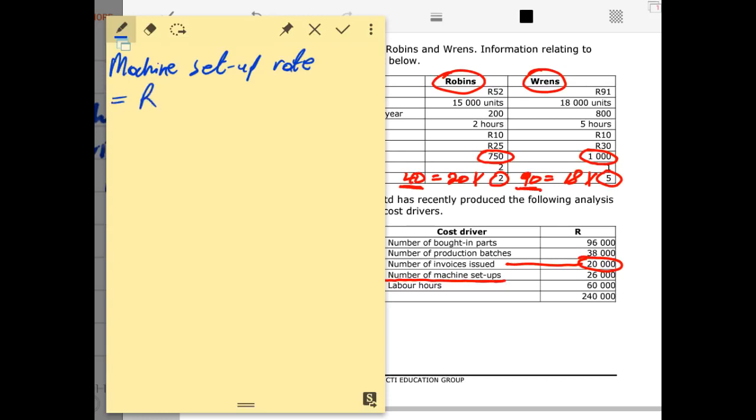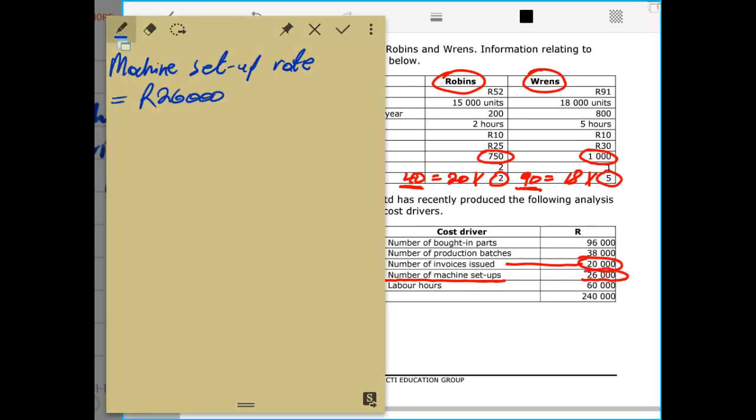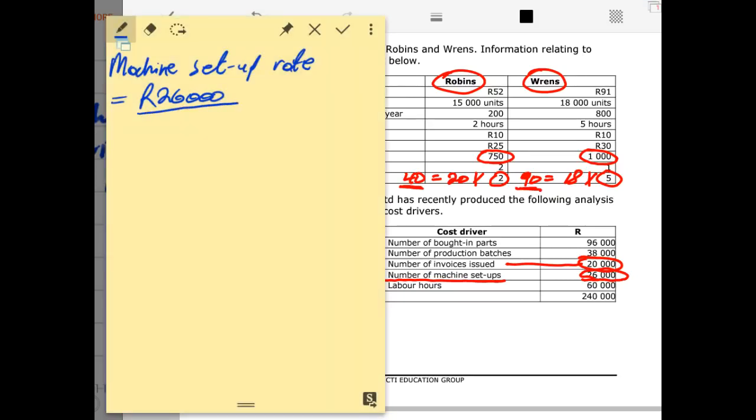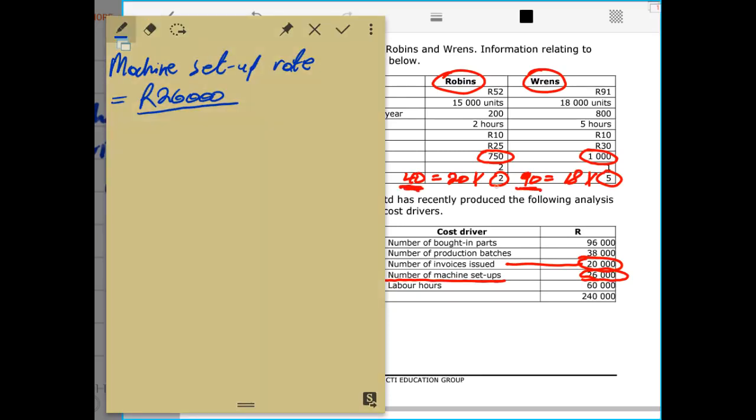is the total cost, which is 26,000. Remember, that is the 26,000 I'm talking about, the cost of this overhead, divided by the number of machine setups. The number of machine setups is 40, because there are 2 setups done for each batch, and there were 20 batches for product Ruben, and there are 5 machine setups done per batch, and there were 18 batches for product Ren.